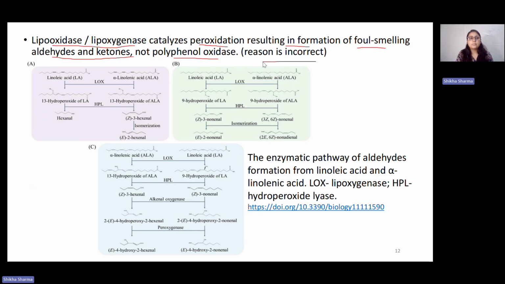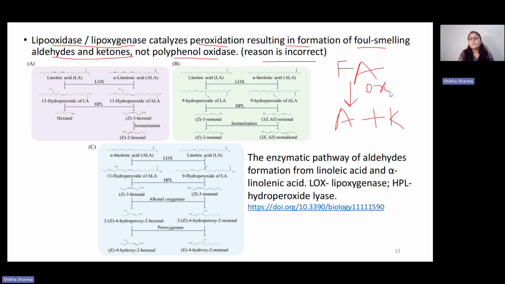So the reason is incorrect, because the lipoxygenase enzymes are the ones that oxidize the lipid compounds, the fatty acids. The fatty acids are converted into aldehydes and ketones, which give the foul smell.